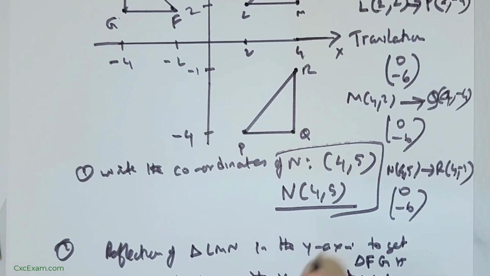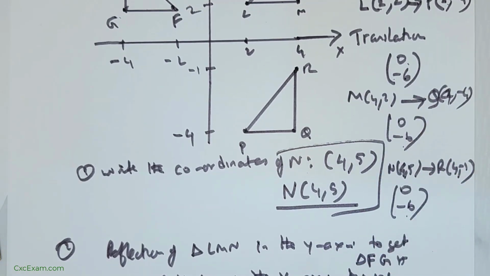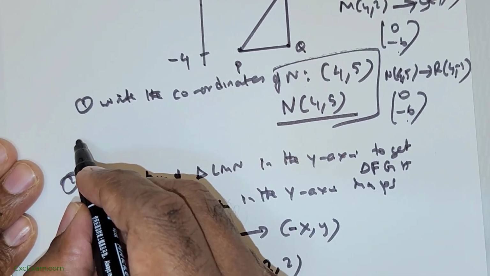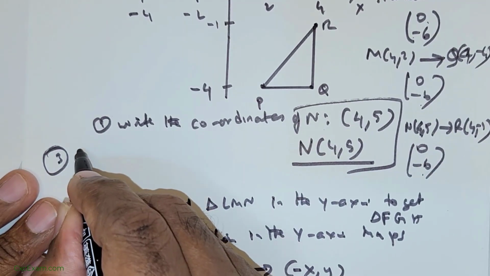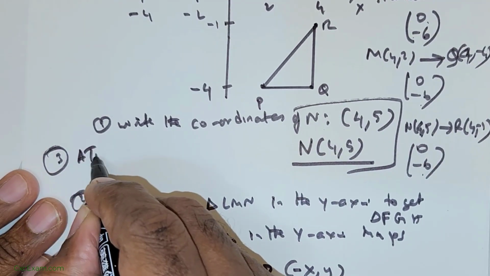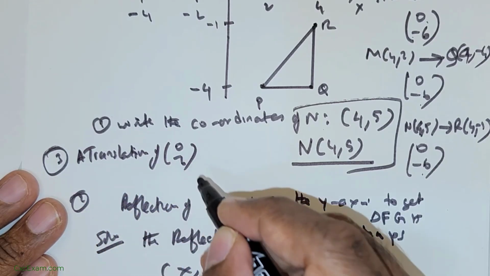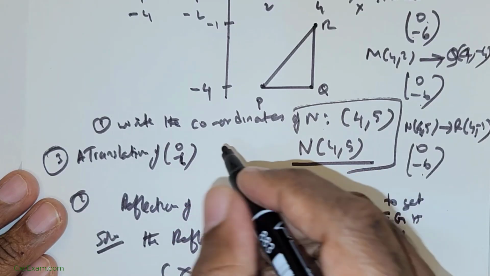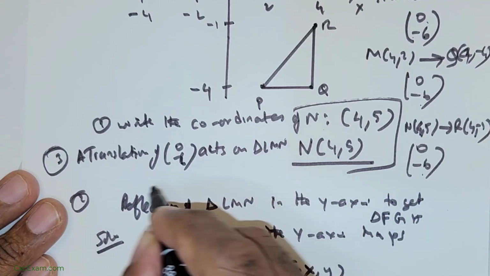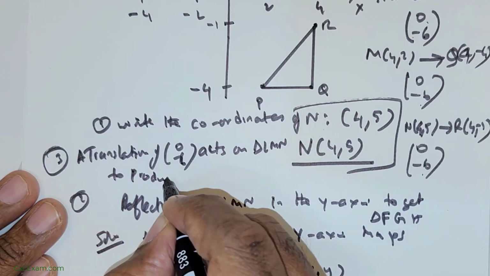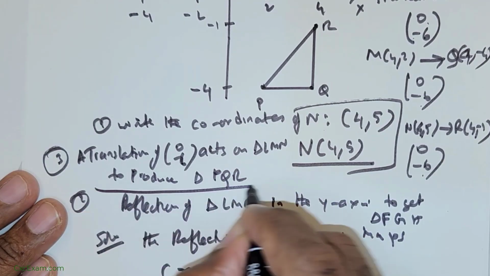So in each of these cases the translation is 0, -6. So this is the solution for this question. So you have to write in all these things, and then a translation of 0, -6 acts on triangle LMN to produce triangle PQR. Okay.